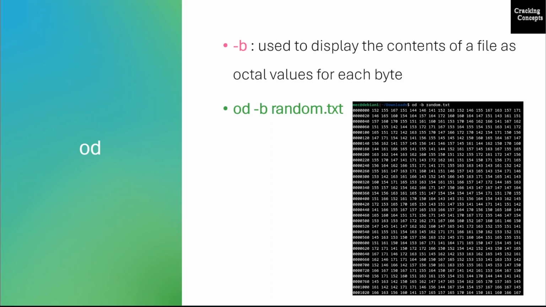So this is byte by byte in octal format. The first is the offset addresses in octal. For example, 0000040 in octal is 32 in decimal, means the row starts at byte 32 of the file. Remaining is the row bytes of the file in octal.